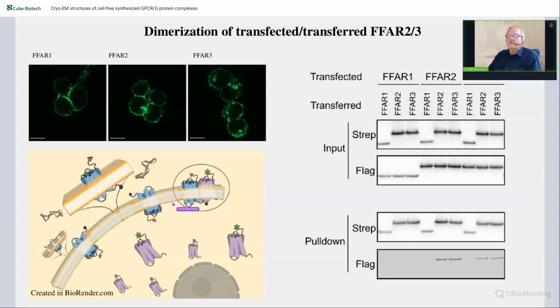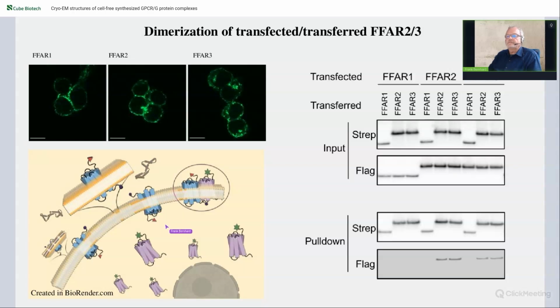The goal was to identify dimers between the cell-free synthesized transferred GPCR and the transfected and cellular synthesized GPCRs. These contain a FLAG tag for identification, and the cell-free synthesized GPCRs contain a Strep tag for purification.